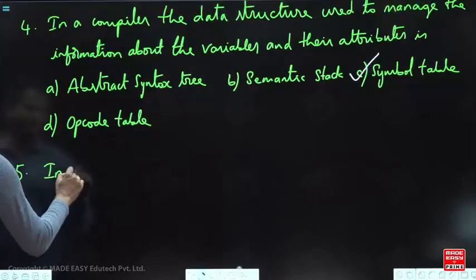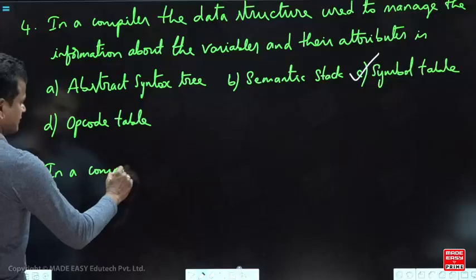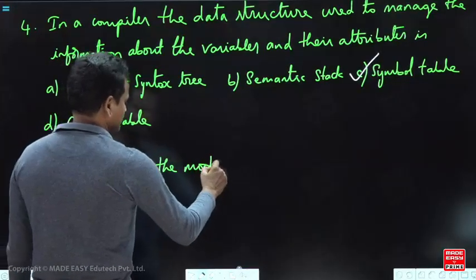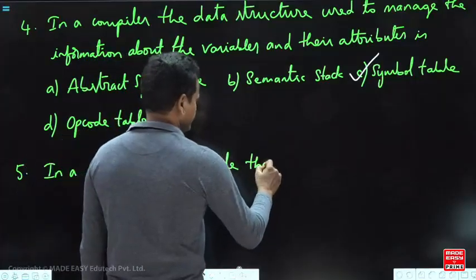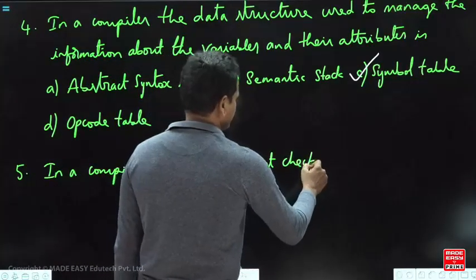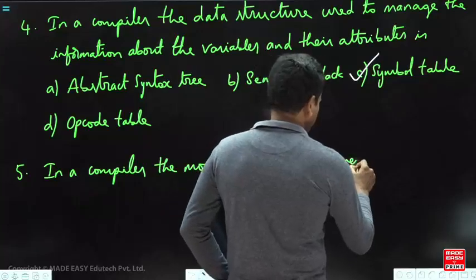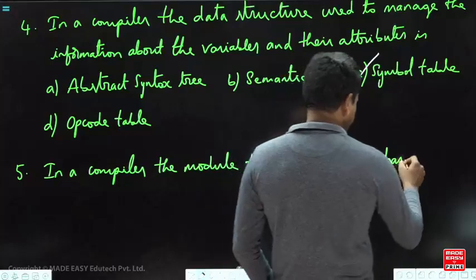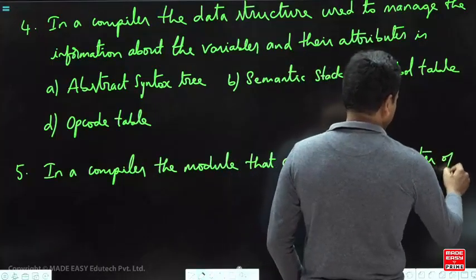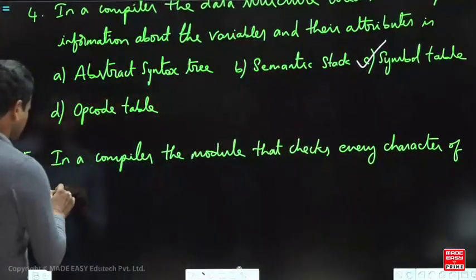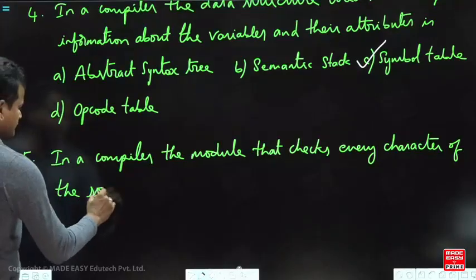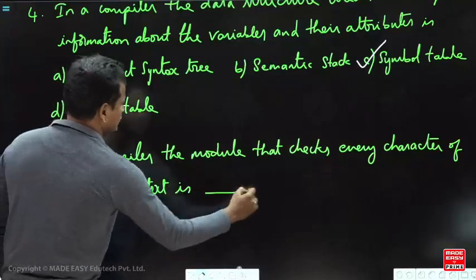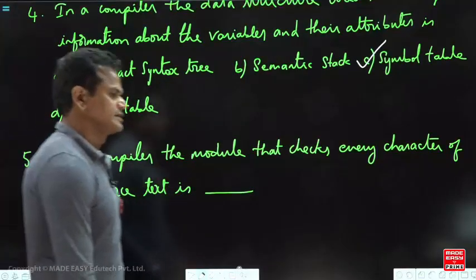In a compiler, the module that checks every character of the source code is dash.